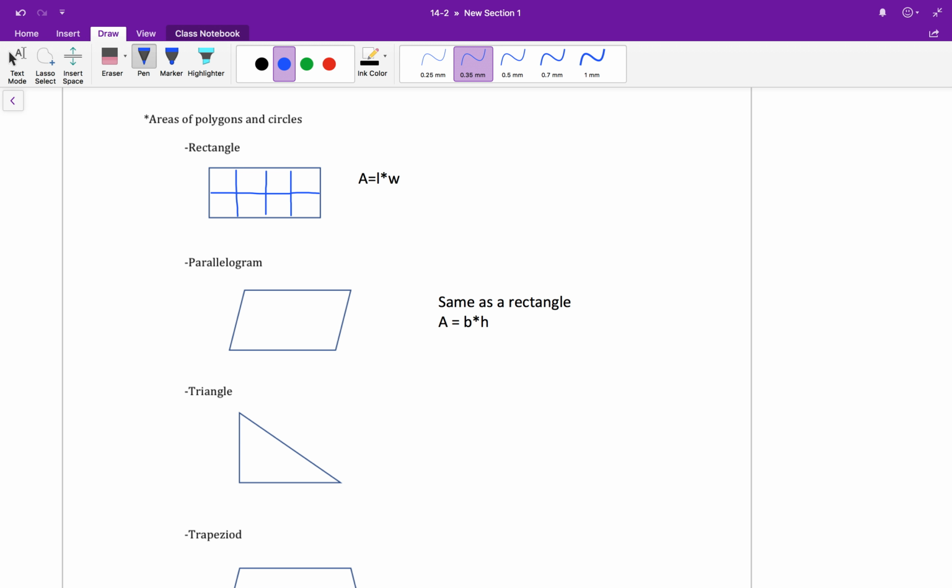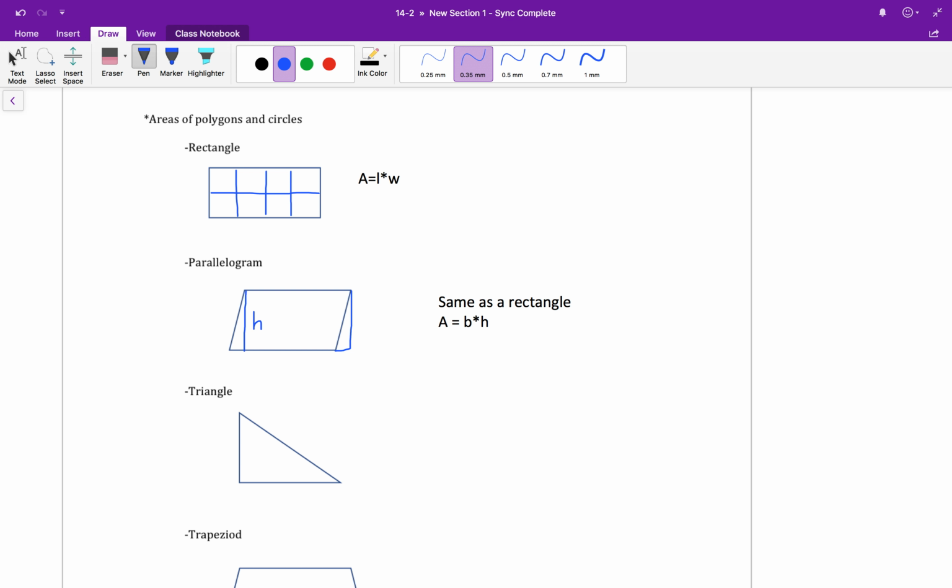So imagine taking this parallelogram and straightening it up, making it so that our line came straight down here. This is the height. So this down here is the height. The slant is not the height.